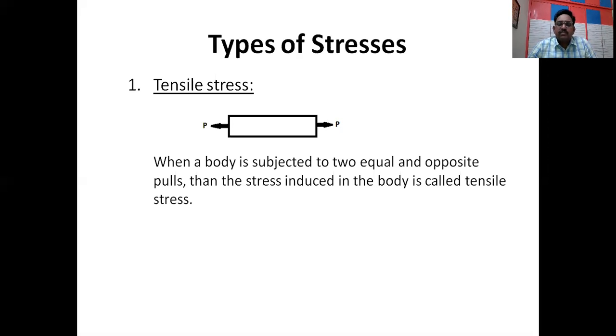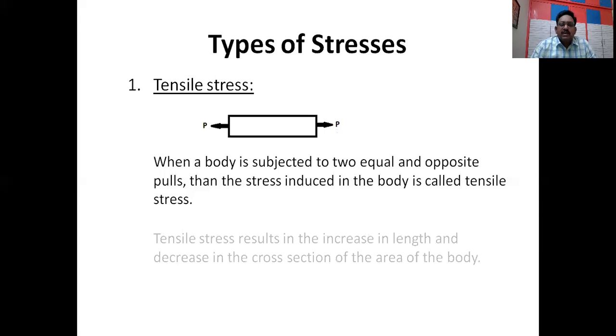When it is subjected to a tensile force, that means two equal and opposite pulls, the stress induced in the body is called tensile stress. What do you mean by a tensile force? Equal and opposite pulls when it is pulled outside. That is what tensile stress is.